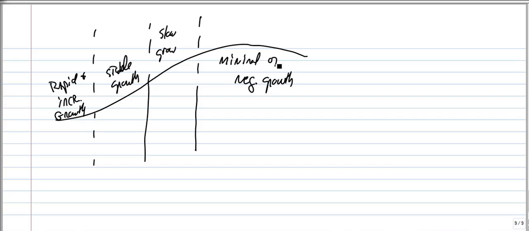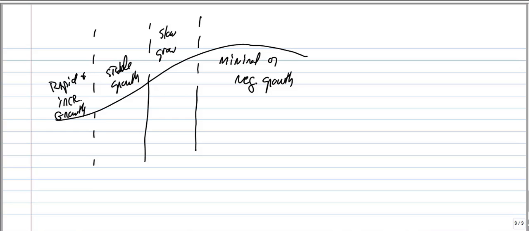And so this is telling us that different industries go through a certain life cycle. Okay? At the very beginning, it says rapid and increasing growth. That's a brand new industry. There's a lot of excitement. Usually there's just a few firms, but as those firms start having some success, having some sales, moving towards becoming productive and profitable, more companies are going to enter that industry.